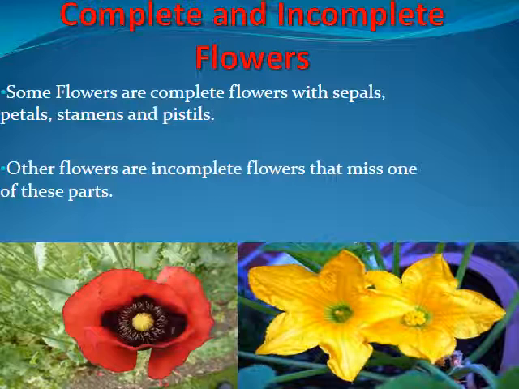Now we are going to distinguish between complete flowers and incomplete flowers. Hassan, what's the difference between complete and incomplete? Incomplete flowers miss one of the parts. Complete flowers contain all the parts.